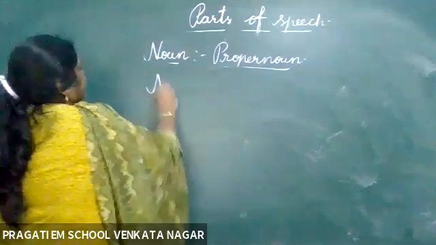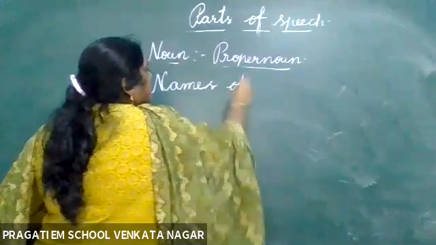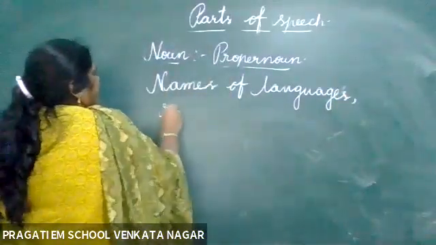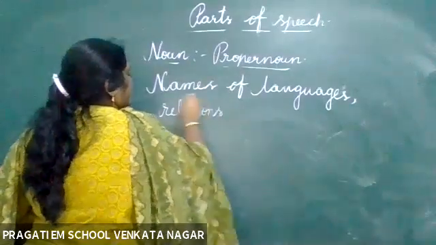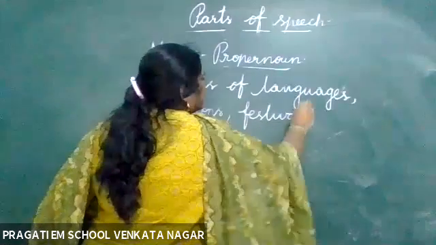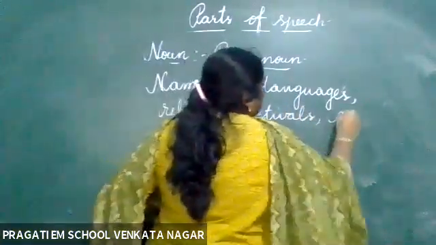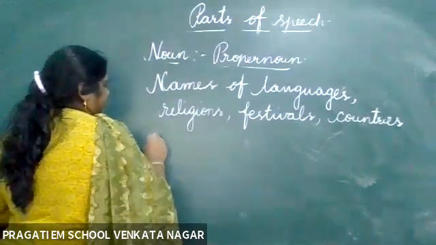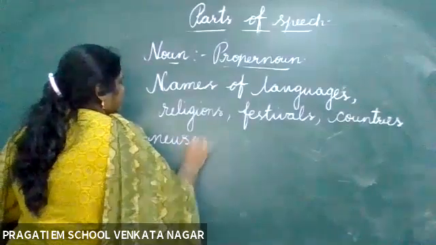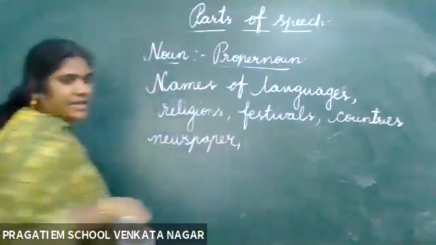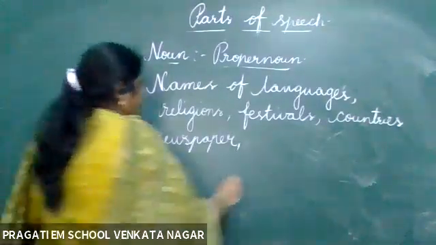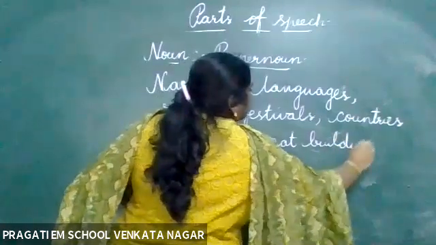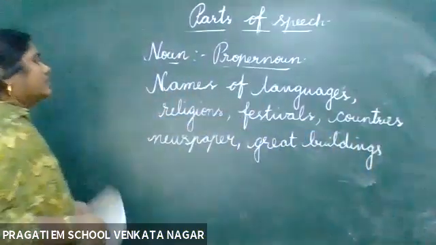Next, names of the languages, religions, festivals, countries, newspapers, magazines, great buildings, etc. So, names of the languages.